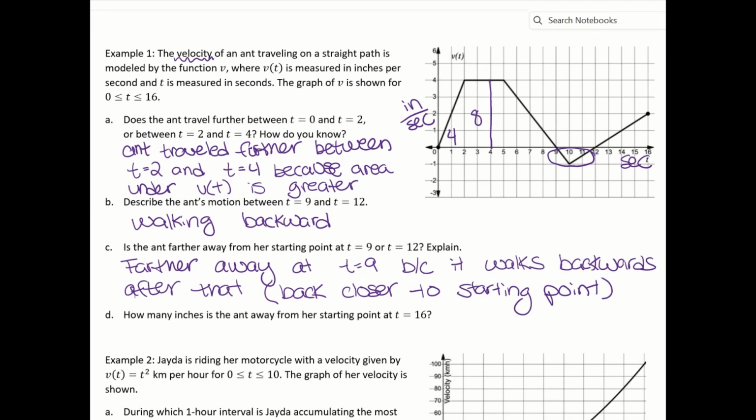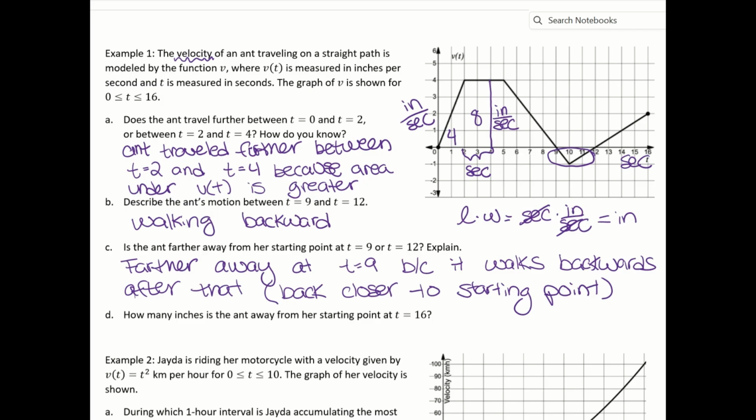What I want you to keep in mind while we're doing this is that when we're finding the area under each of these curves, we're doing width in seconds and height in inches per second. When we multiply seconds times inches per second, the seconds divide away and we're left with just inches.